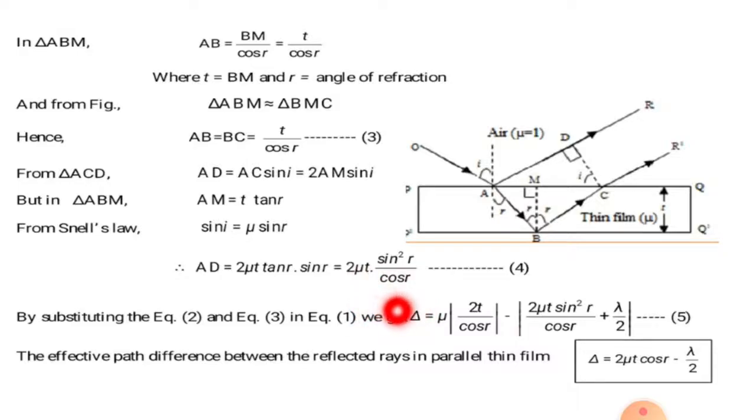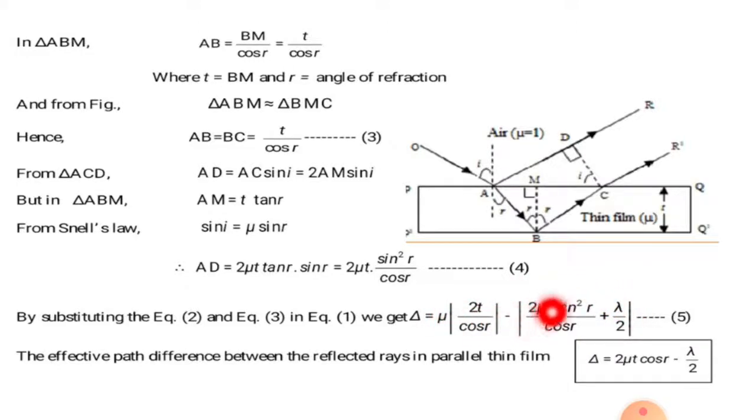We get the path difference delta is equal to mu into AB plus BC minus AD plus lambda by 2. Inside the film, the light ray travels the path AB plus BC, which is T by cos R plus T by cos R, that is 2T by cos R. Then minus AD, which is 2 mu T into sin square R by cos R, plus lambda by 2.